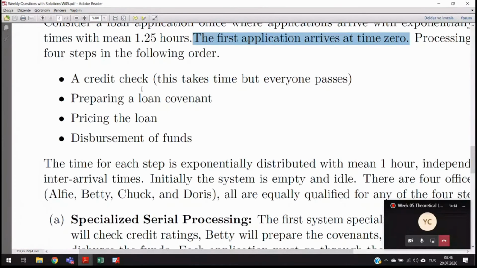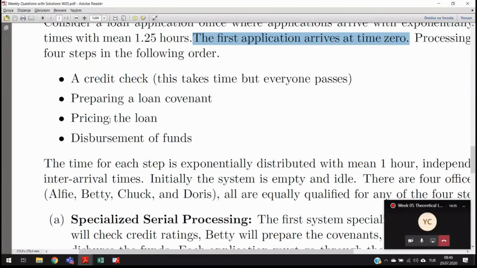Now, after the credit rating is checked, the loan covenant will be prepared. The documentation will be prepared, and the officer at the next step is going to price the loan, which means the interest rate that you are going to be subject to is going to be determined. And finally, you are going to take your money and leave.